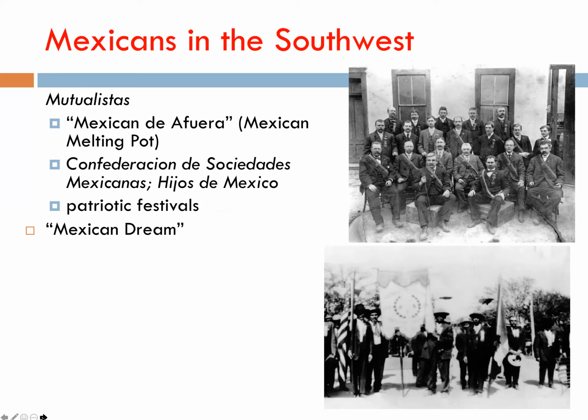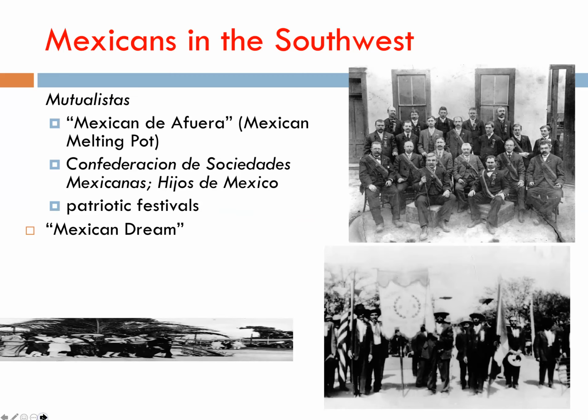They hope to go back to Mexico one day. And that is very common in many of these immigrants' experiences. They see their time here as temporary, not as something that's going to last. Once they start having kids, which is related to the article that you read, things begin to change.